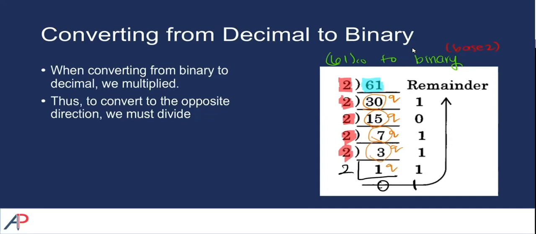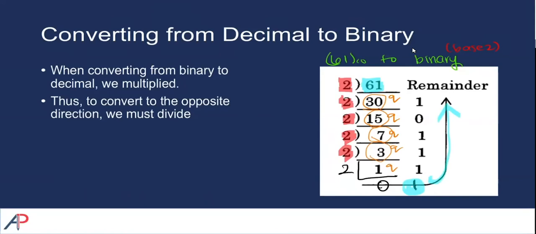Your solution to the conversion from decimal to binary starts from the most recent remainder and works its way backwards.